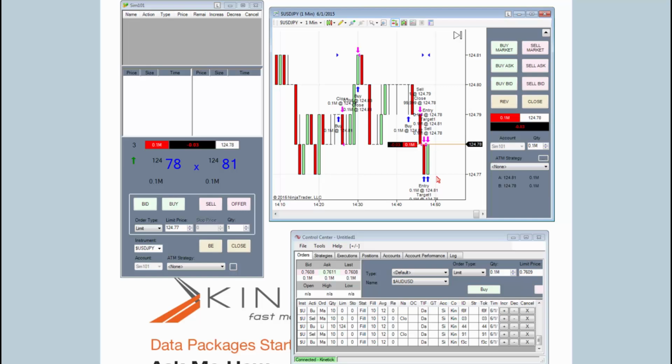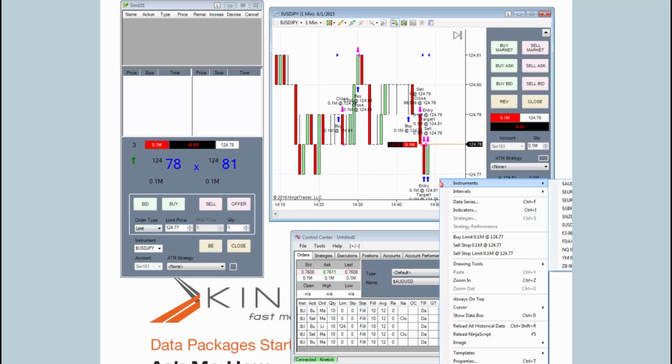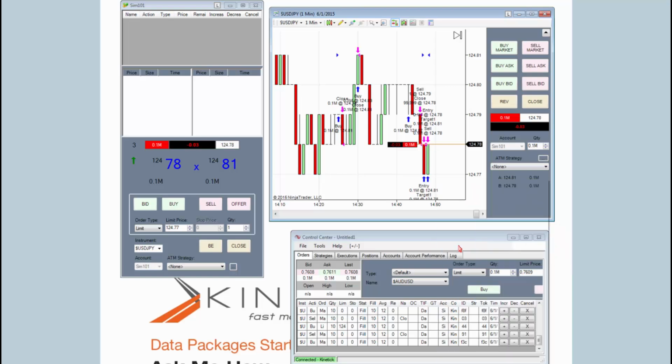If I wanted to scale in at a certain technical level, maybe once we hit major support, then I can place another sell order. I can place a sell stop order. So now when that gets hit, we'll be short 2 lots instead of 1 lot, or I can use a buy order to effectively bracket the market with a protective stop and a profit target. So that's how you do that.